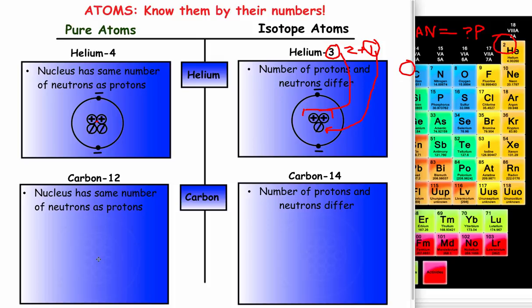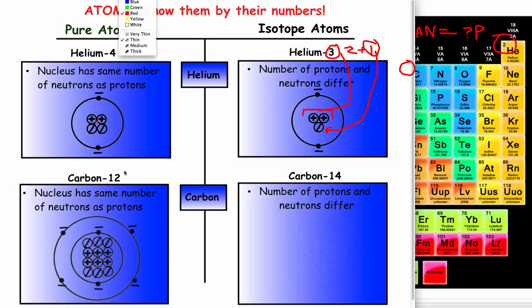Okay, so hopefully you've tried to sketch that, and here is the atom carbon-12, and you can count them. So carbon-12, 6 of these particles, let me get a little pencil I can draw with. Here we go.